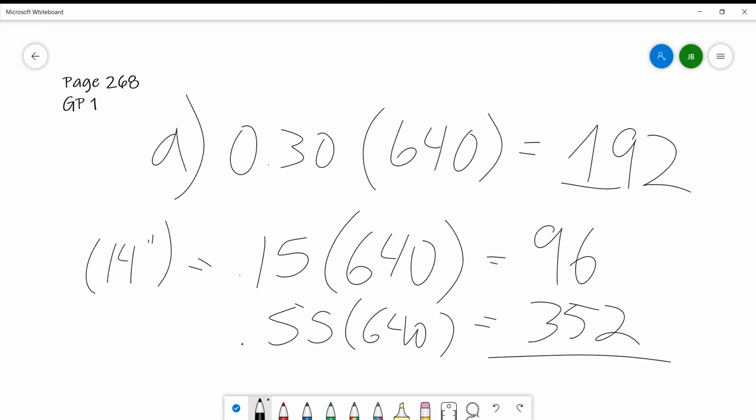We subtract that, we get 256. There were 256 fewer 14-inch monitors than 15-inch monitors.